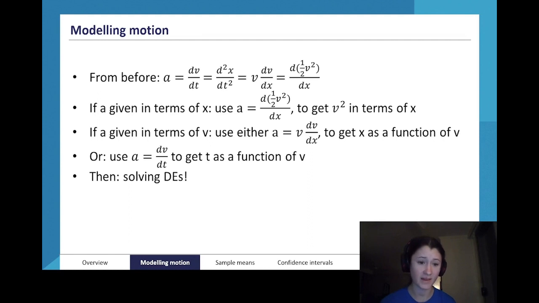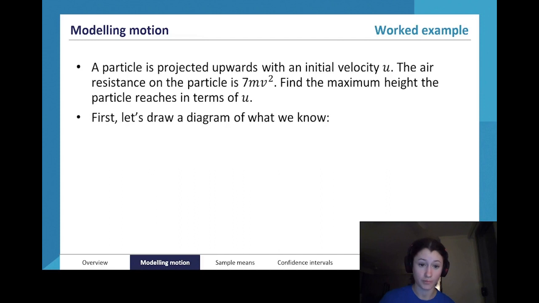If a is given in terms of v, use either a equals v dv dx to get x as a function of v, or we can use a equals dv dt to get t as a function of v. So, this is a lot to remember. Probably use this slide as a guide when you are practicing, but otherwise try to just use your intuition more so.